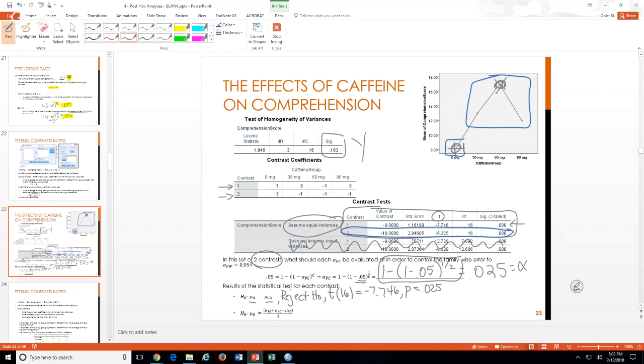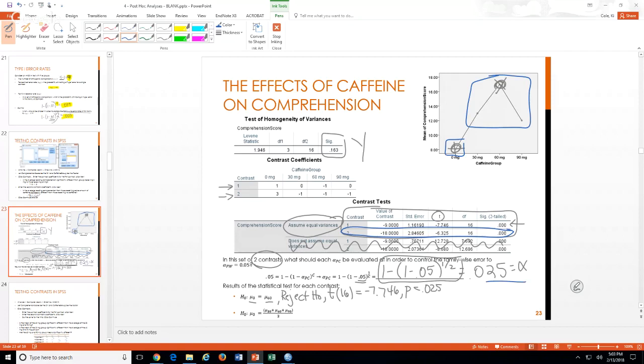Okay, so how do we determine it? How do we make our conclusion if we should reject or retain the null? The p-value. What is the p-value? 0.000. So the p-value is what compared to my alpha? It's less than.